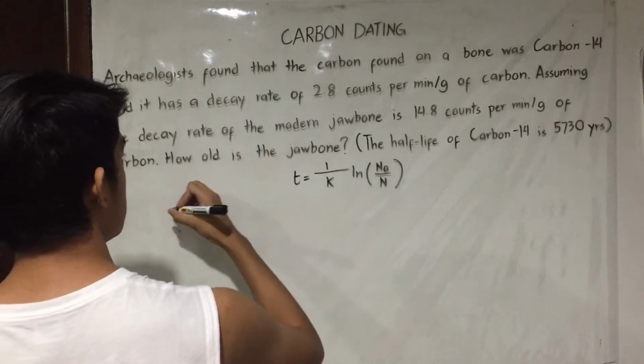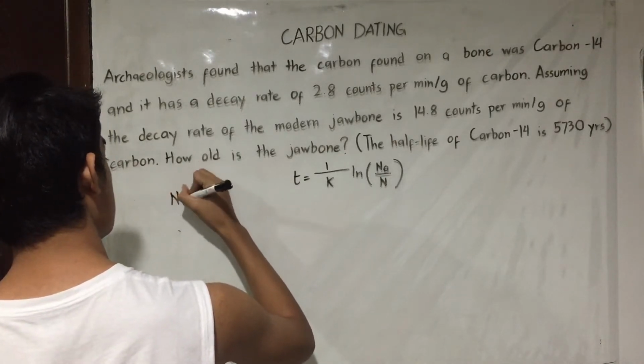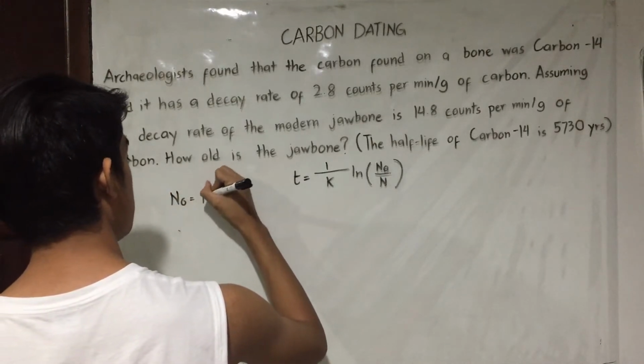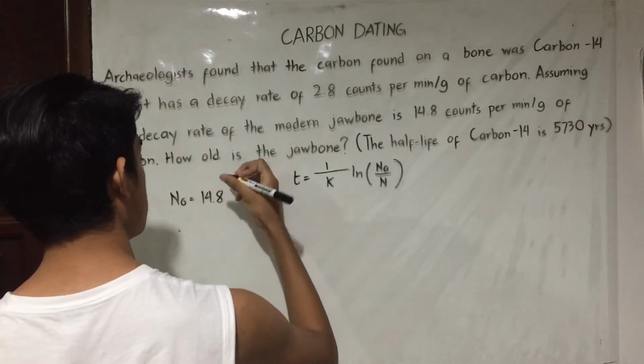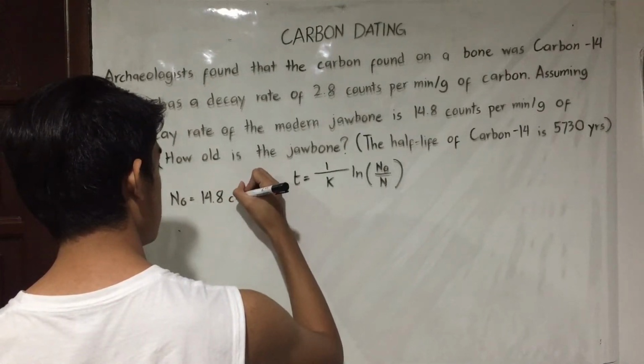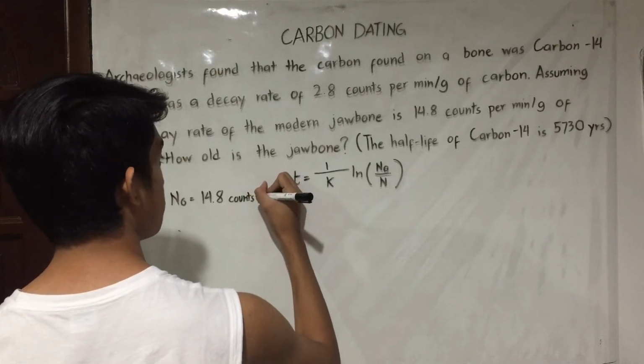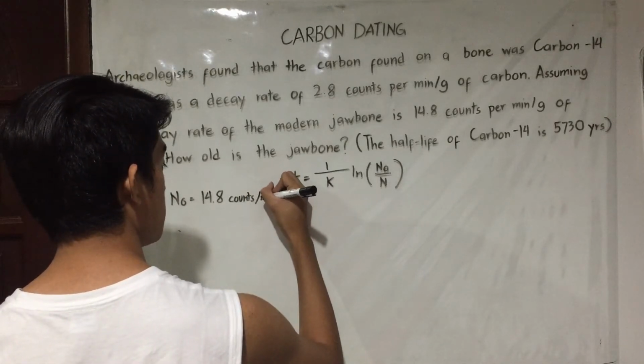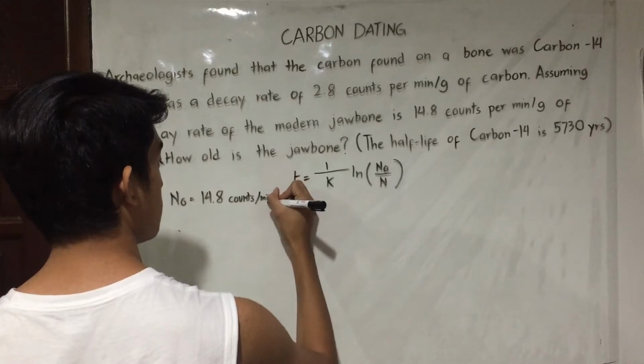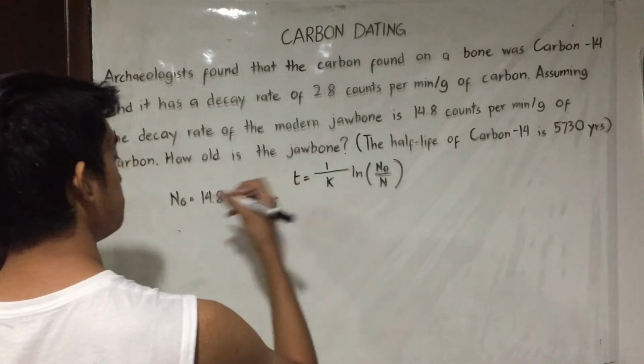So, N0 is equal to 14.8 counts per minute per gram.